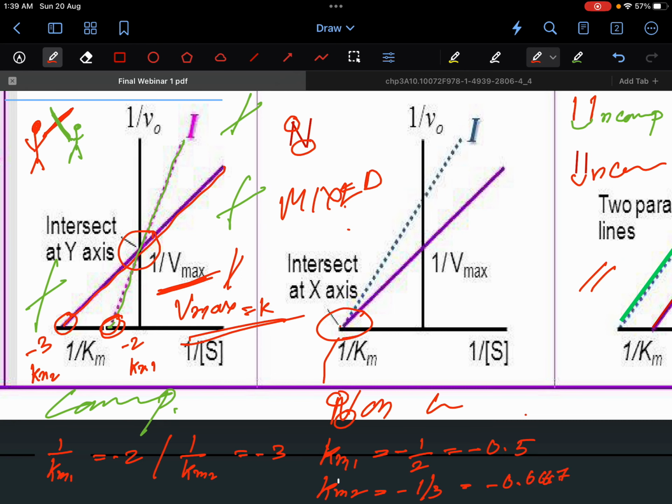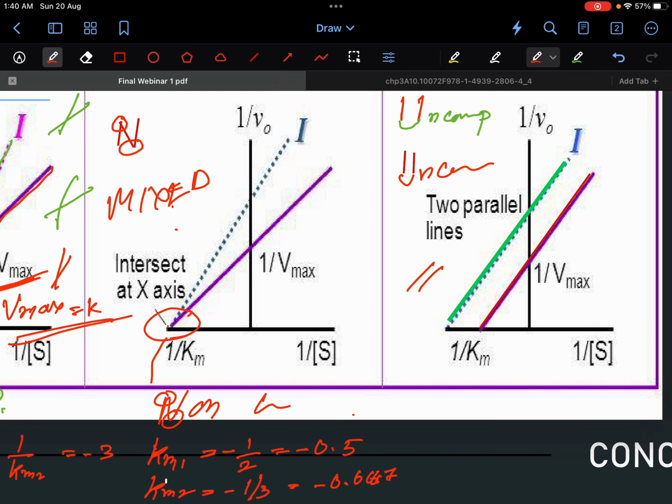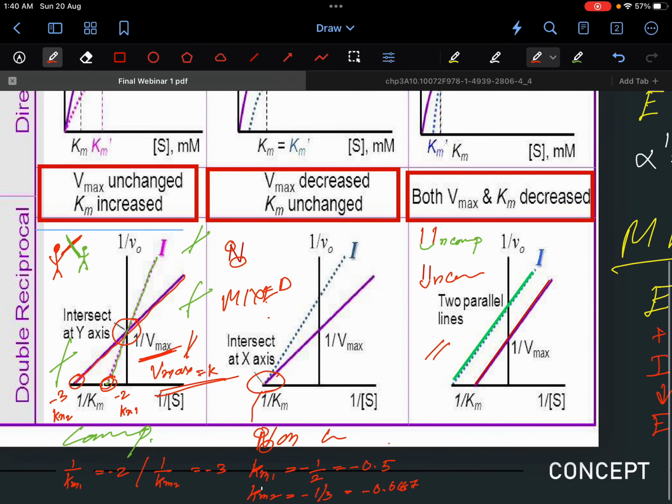So which one is greater, -0.6 or -0.5? Obviously -0.5 is greater than -0.6. Since it is negative, the smaller number is greater, right? We all know that. So Km1 is greater than Km2. So no more confusion that Km1 is greater than Km2.